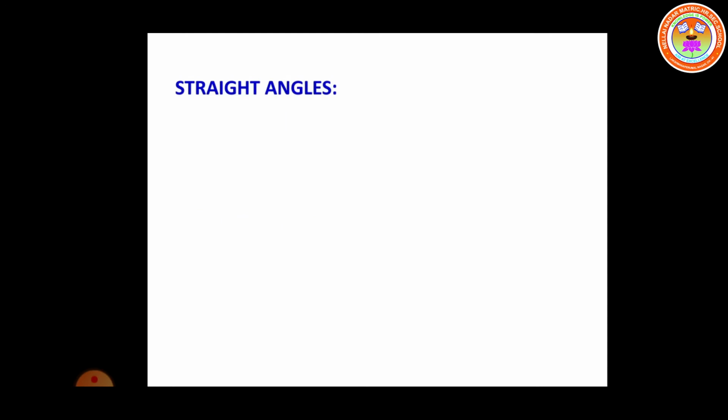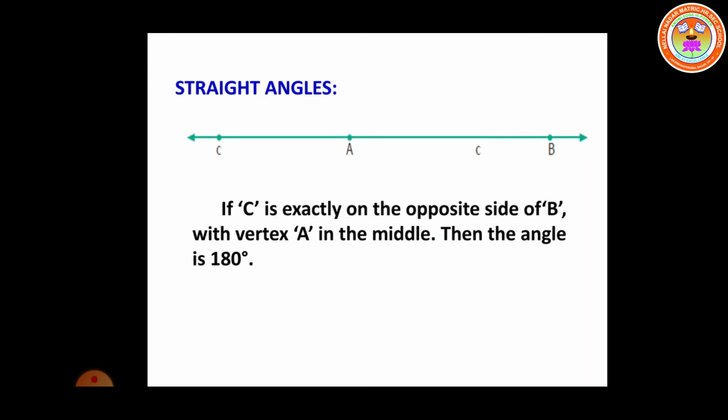Next one, straight angles. See the given diagram. Here, we observe C is exactly on the opposite side of B, with the vertex A in the middle. So, the angle at the vertex A is 180°. So, it is called a straight angle.